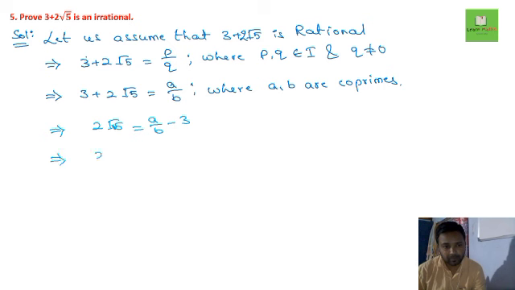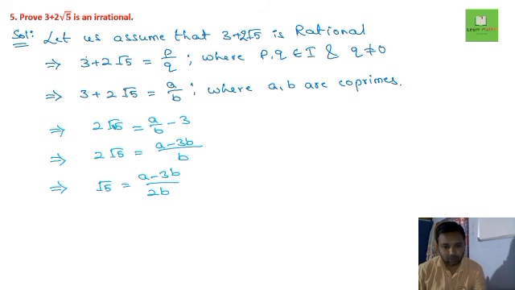Now simplify this. 2 root 5 is equal to, take the LCM as b, a minus 3b by b. Now apply the transposition of 2 again. So root 5 is equal to a minus 3b by 2b.